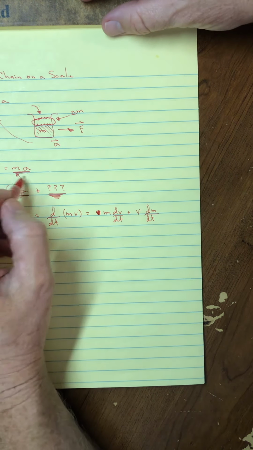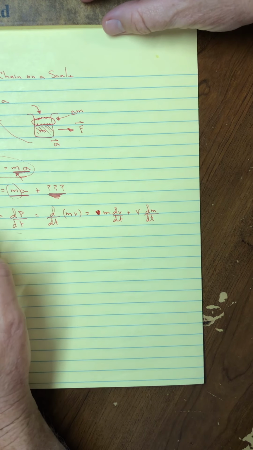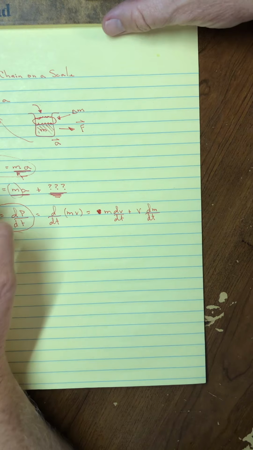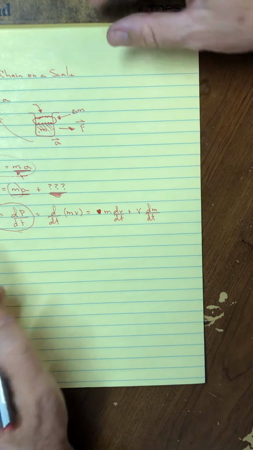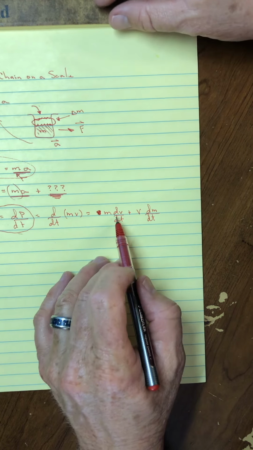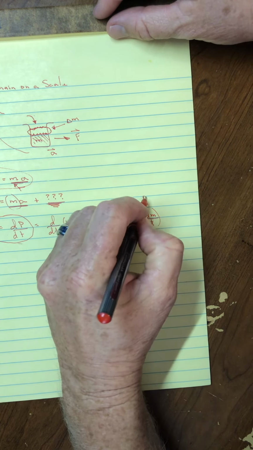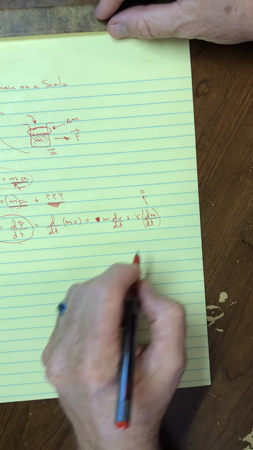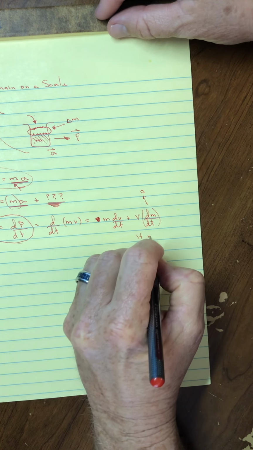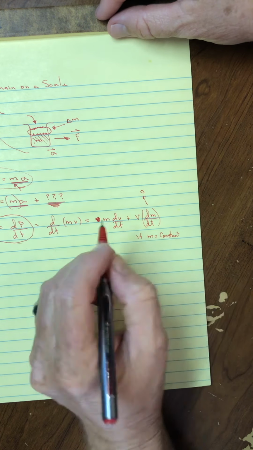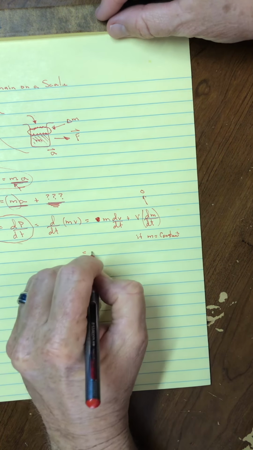And so, better than F equals ma is F equals dP/dt. And of course, if the mass is a constant, this dm/dt is 0, that would go away, and you would just get ma.